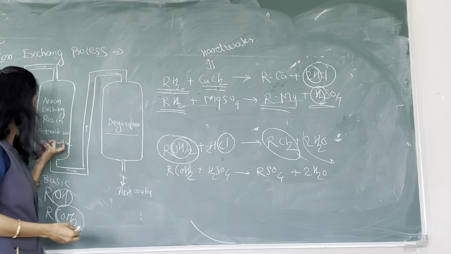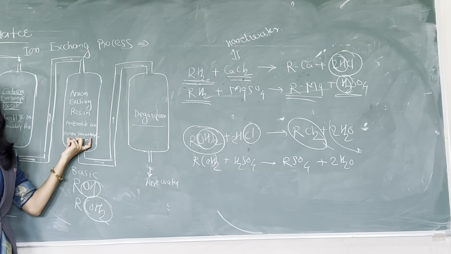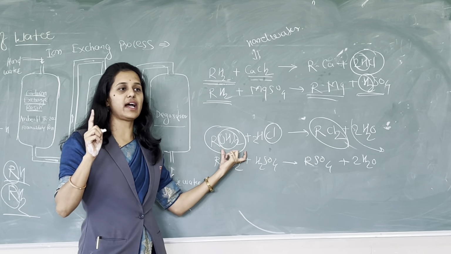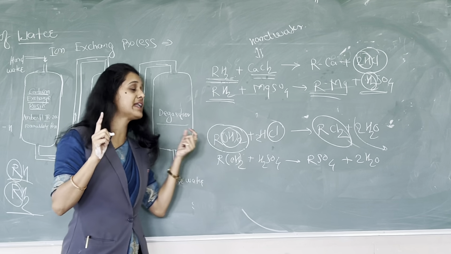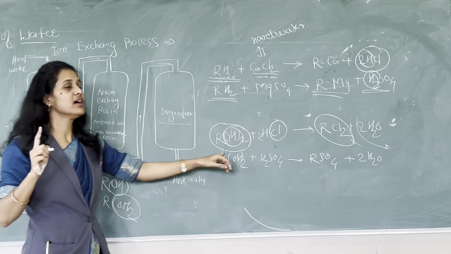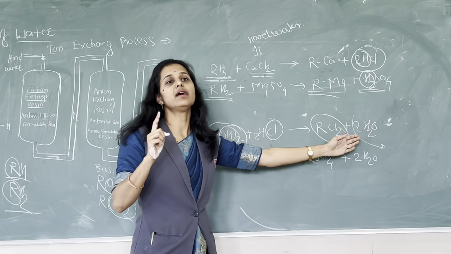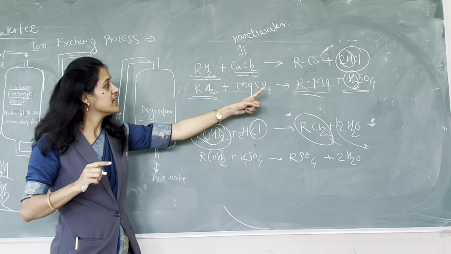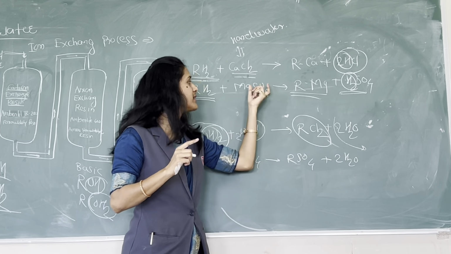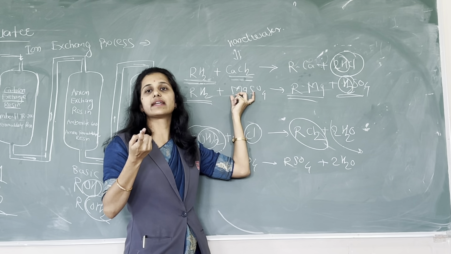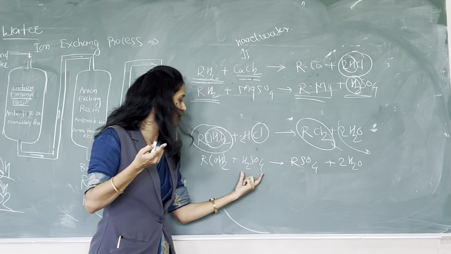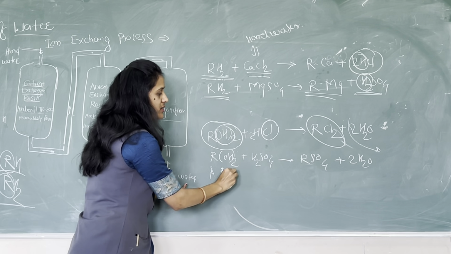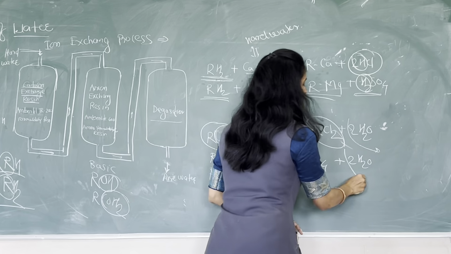So in this second stage, whatever anion causes hardness combines with the anion exchanger resin in the second tank, and that becomes RCl or RSO4. If we consider H2SO4, formed when it combined with MgSO4, it combines with the anion exchanger resin, becomes RSO4, and water is removed.